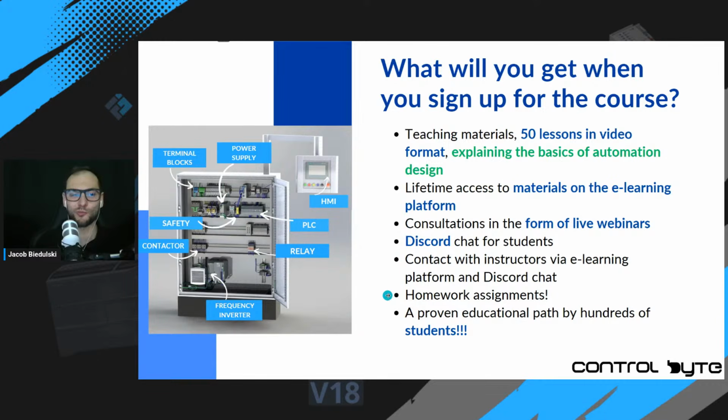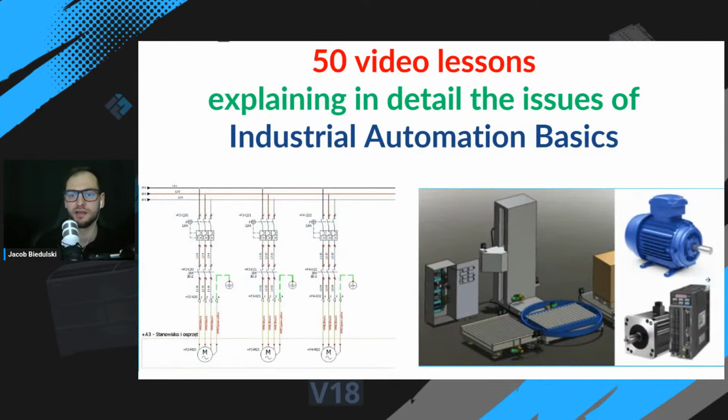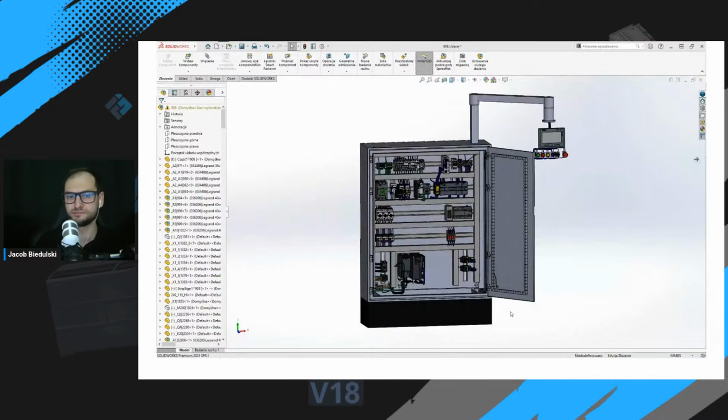You will get homework assignments. This is the best part of the course. And you have a guarantee. We have a proven educational path by hundreds of students. More than 50 lessons explaining in detail the topics of industrial automation basics.